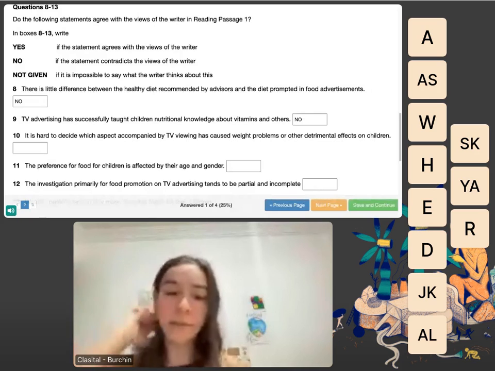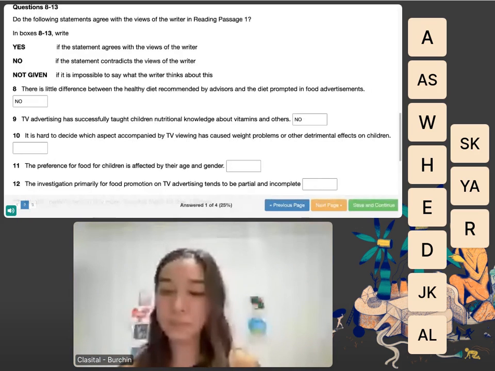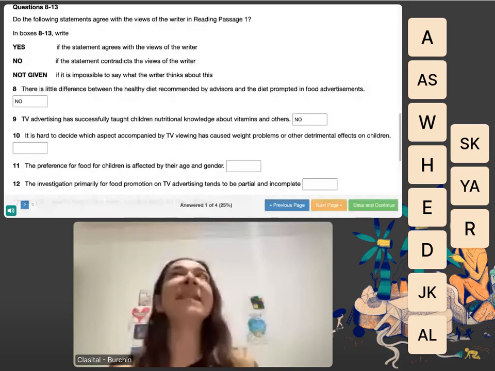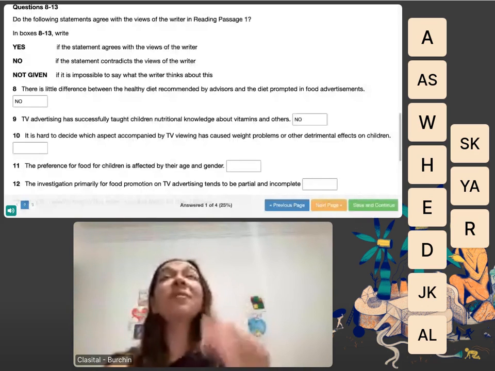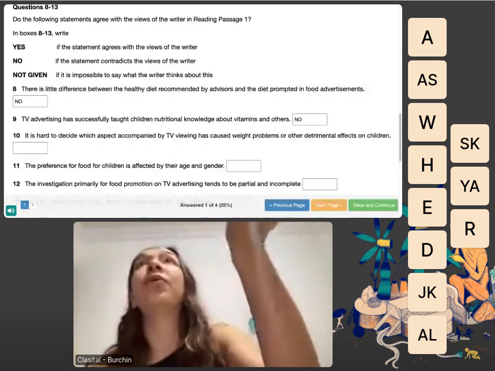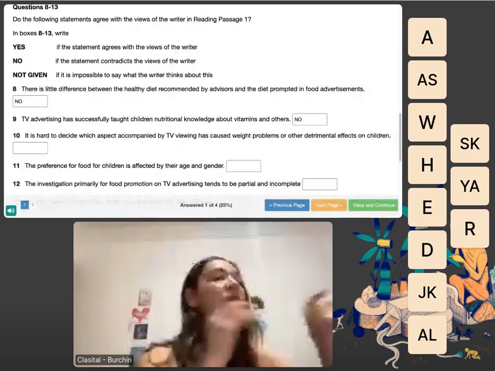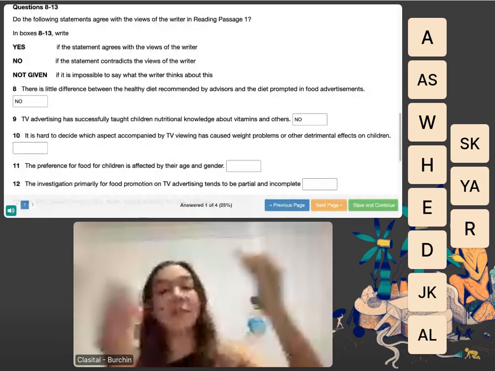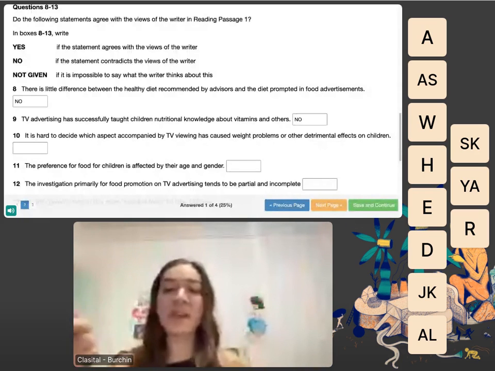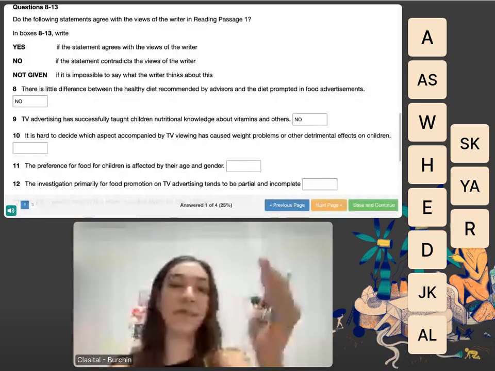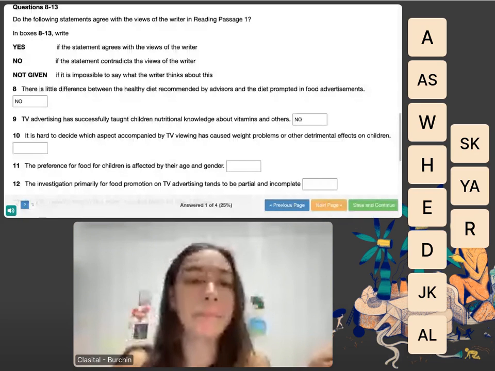Let's read it again from inside. So it is difficult to understand which aspects of TV viewing, like looking at it too long, seeing other things, caused weight problems or other detrimental effects on children.